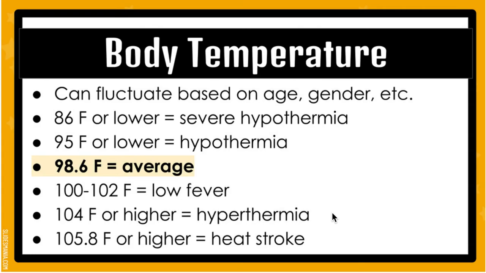And if they have 104 degrees or higher, that's hyperthermia. And 105.8 degrees or higher, that would be heat stroke. So we can see that between the average and a low fever, it's actually not too different. If we get 1.4 degrees Fahrenheit higher than our normal temperature, that is already away from the normal range, and we can definitely feel the effect of fever in our body.